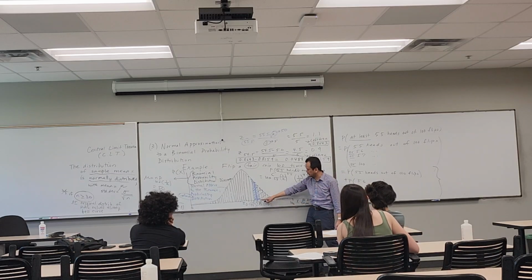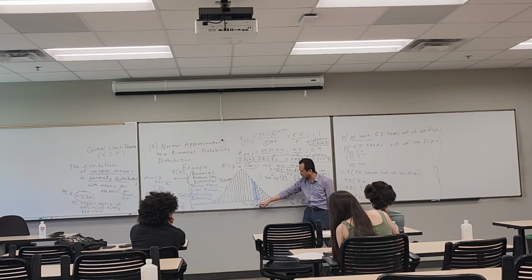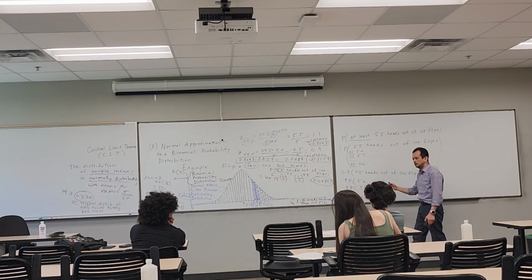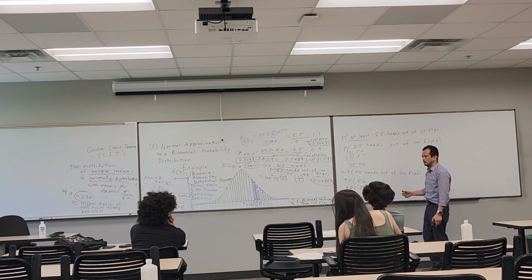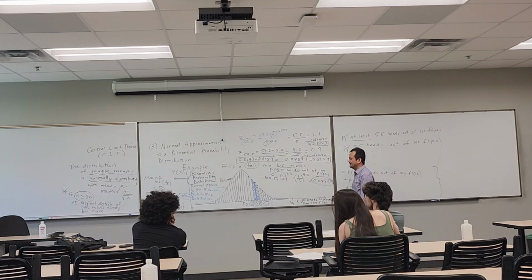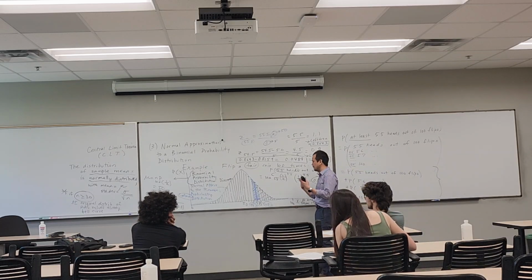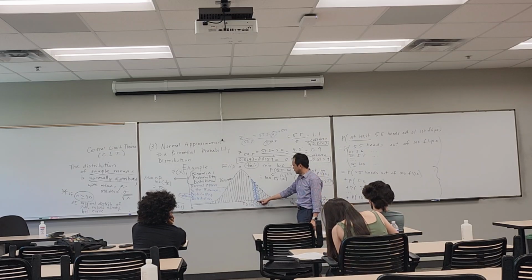Yeah, very good. It's not at 55, but the edge to the left of that, which is 54.5. So we're going to use that to find the z-score. So that's our game plan: find the z-score for 54.5.